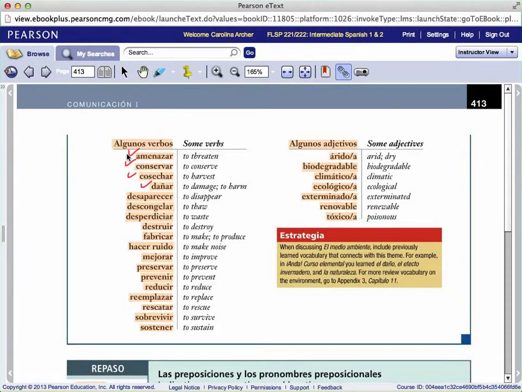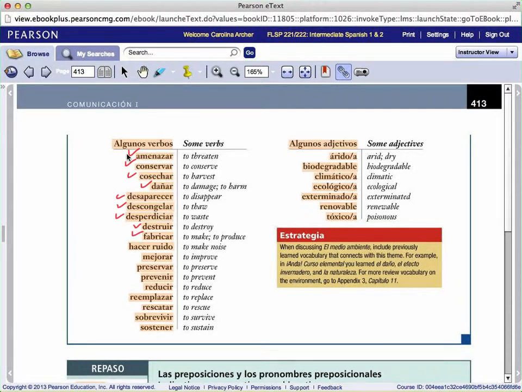Desaparecer. Descongelar, to thaw. Desperdiciar, to waste. Destruir, to destroy. Fabricar, to make or to produce. Hacer ruido, to make noise.